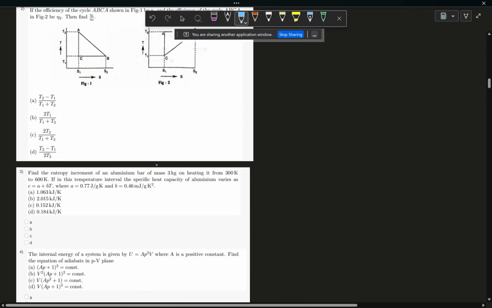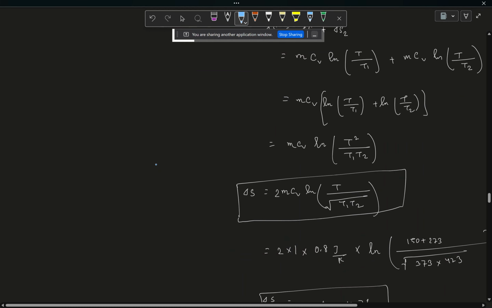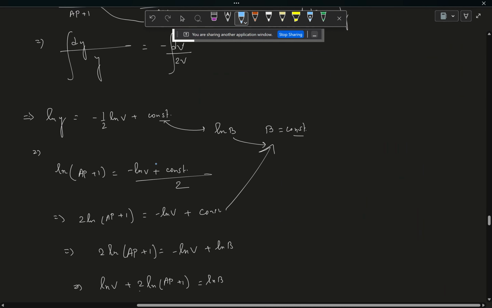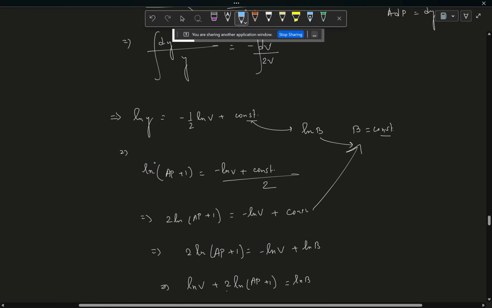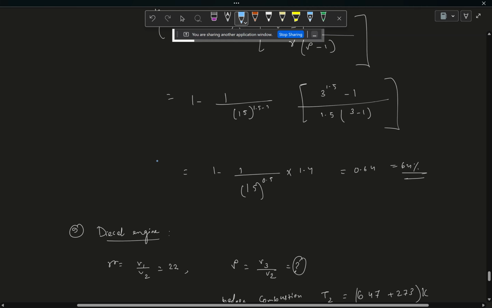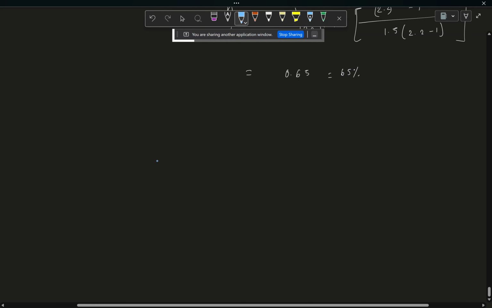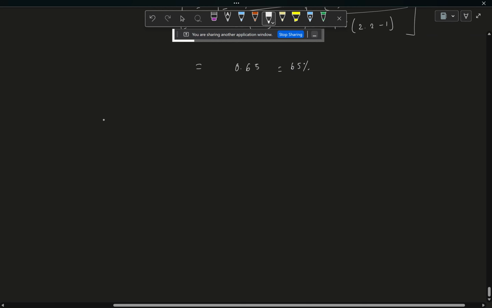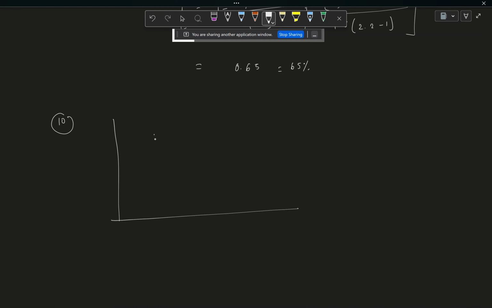So let us choose a page because this can take some space. This is the diagram.